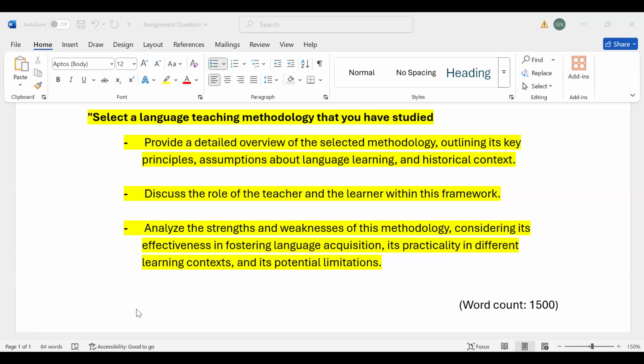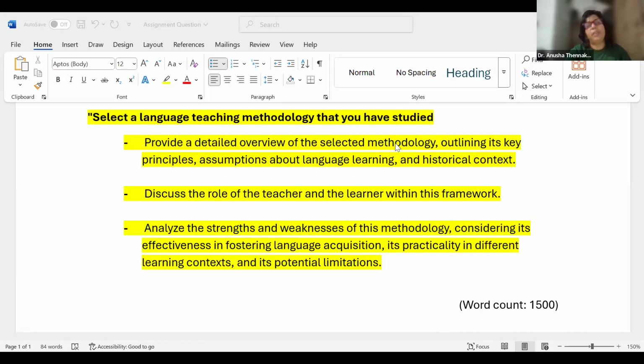Yes, madam. Presentation, you have a huge choice actually. Even here you have a choice, even though this is a single question, you have 5 choices. The 5 teaching methodologies we discussed.